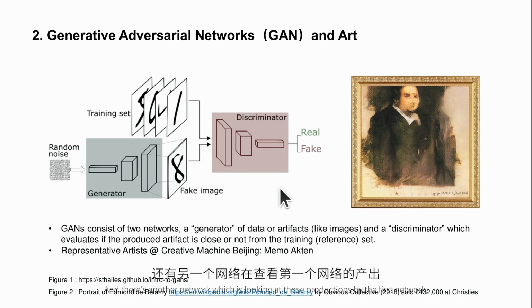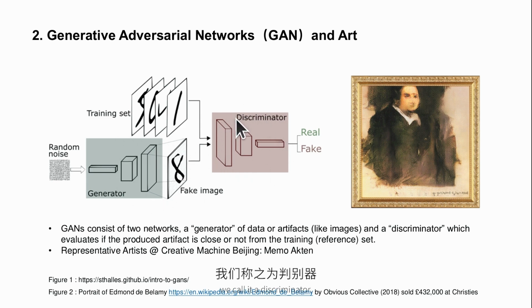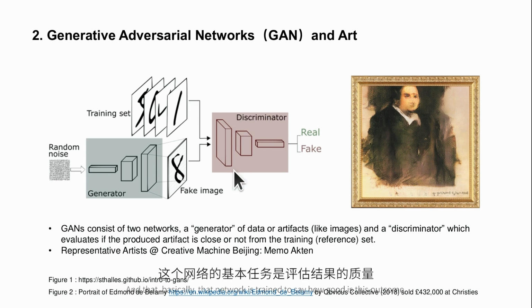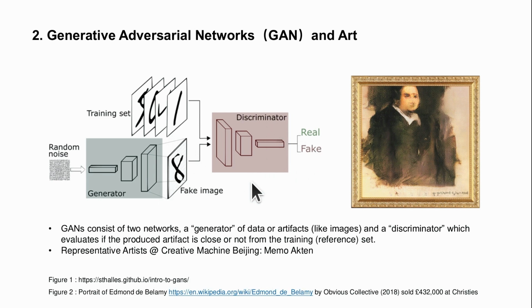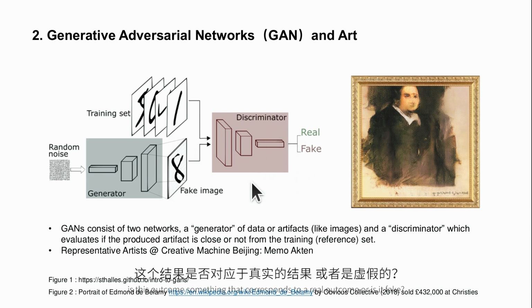And there's another network which is looking at those productions by the first network. We call it a discriminator. And that network is trained to say, how good is this outcome? And good here means, is this outcome something that corresponds to a real outcome, or is it fake?